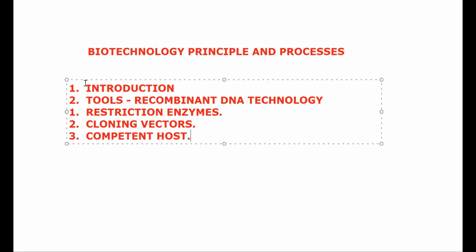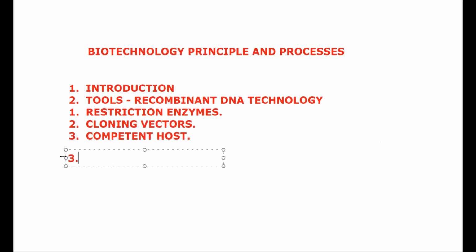So the first topic is introduction, the second one is tools. Here we are going to learn what a restriction enzyme is, what the cloning vectors are, and what the features of cloning vectors are, everything. Then the last topic, the third topic, is processes of recombinant DNA technology.